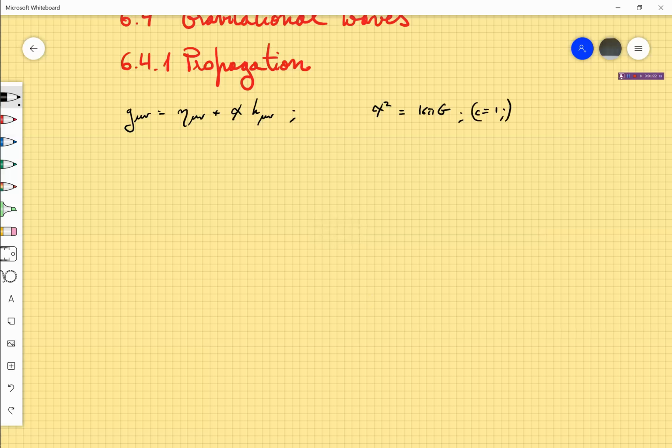Well, we found that the Einstein tensor started at first order in chi, and that it had this expression.